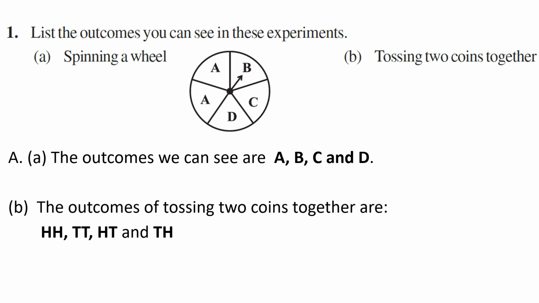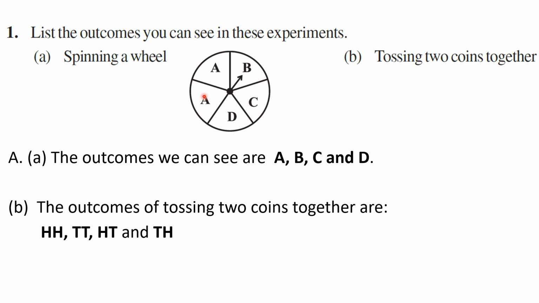So question number 1 is list the outcomes you can see in these experiments. So experiment A is spinning a wheel. So we can answer very simply, very straightforward. This is the most basic type of question in which we should know the total outcomes of any event. So how many sectors are there? You see in this spinning wheel, 1, 2, 3, 4, 5.